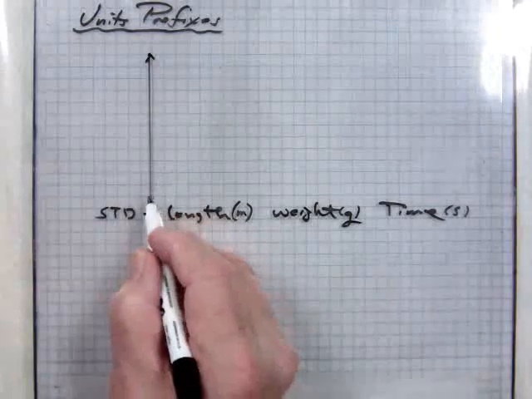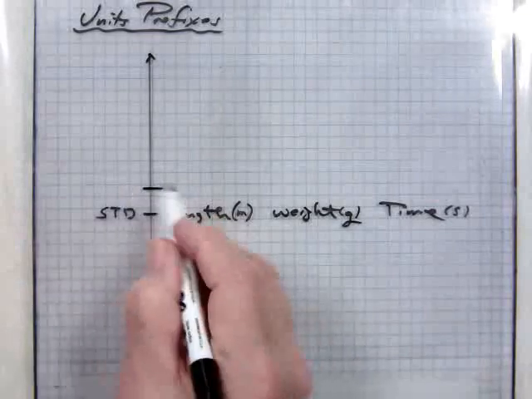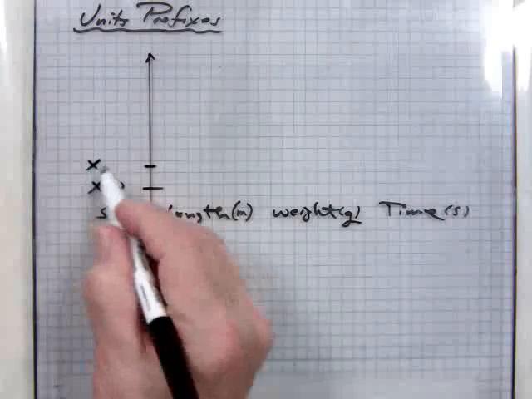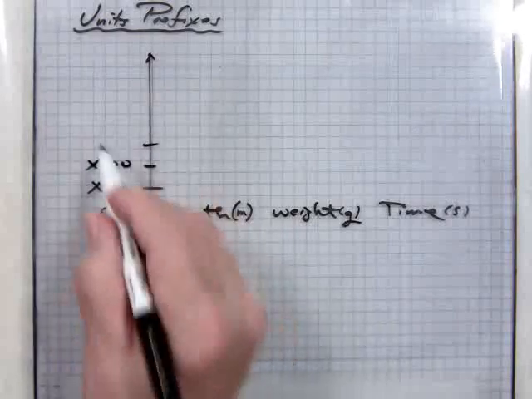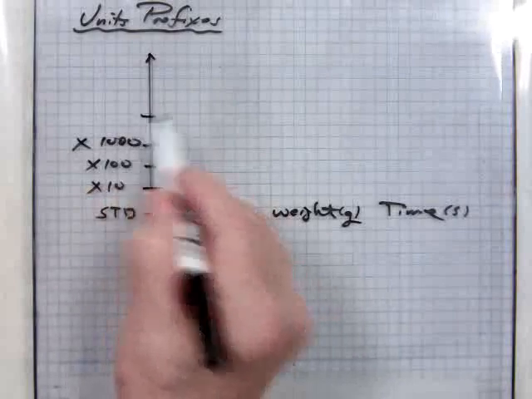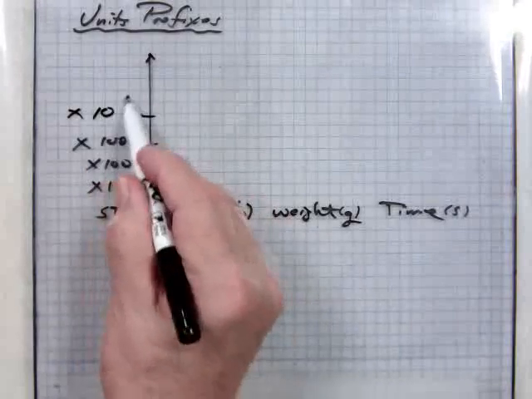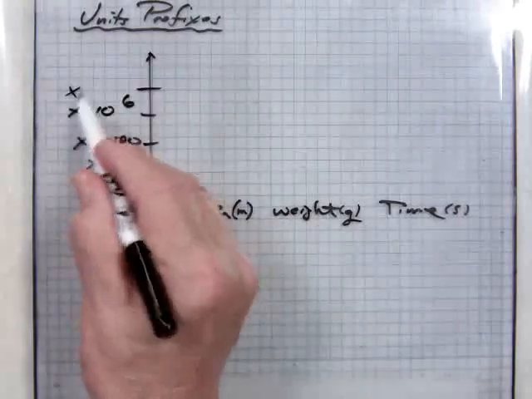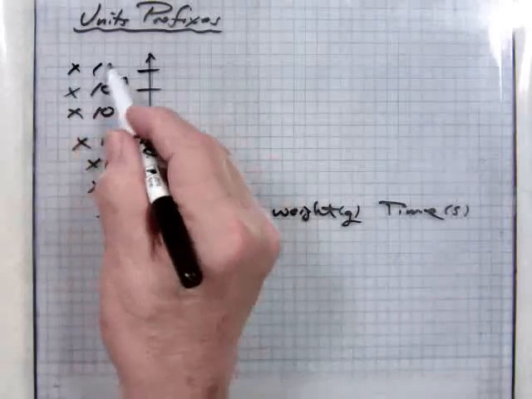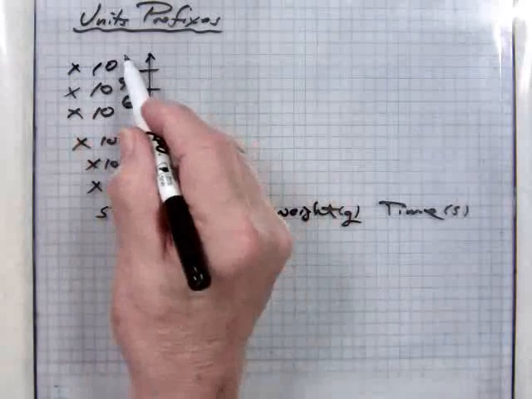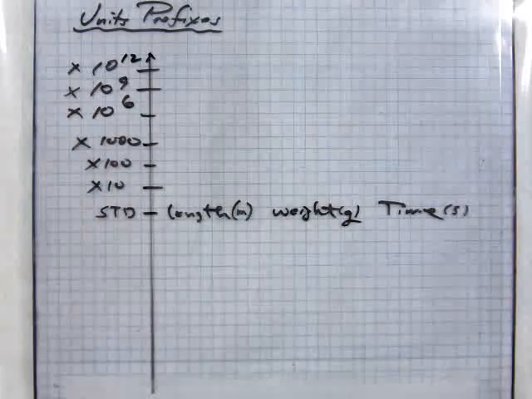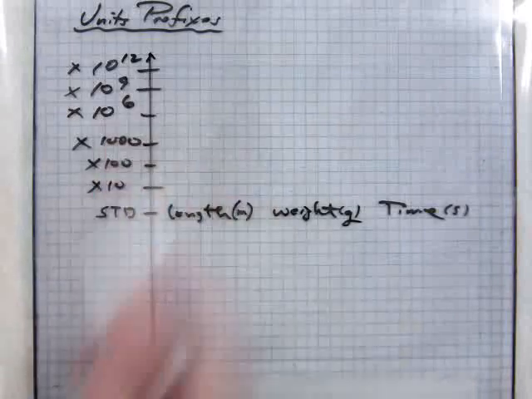And so what I'm going to do is come up here, times 10, times 100, times 1,000. These you will recognize. Times a million, times a billion, and times the terabyte size of 10 to the 12 up here.